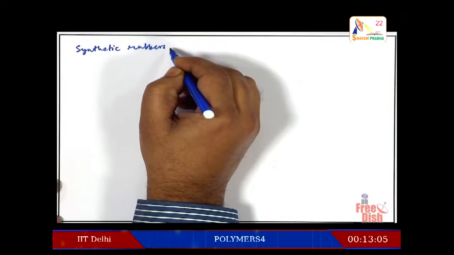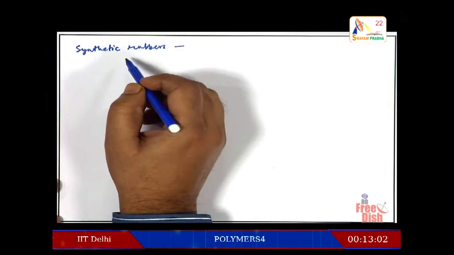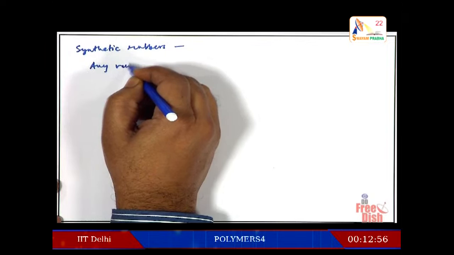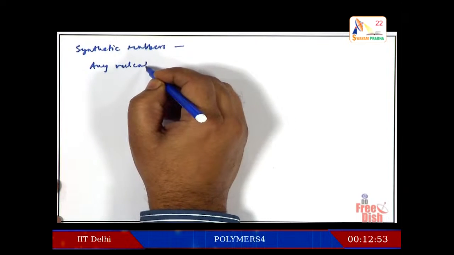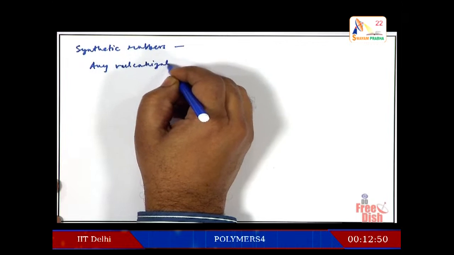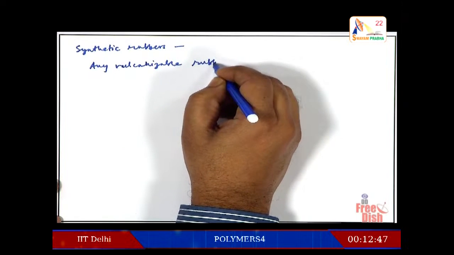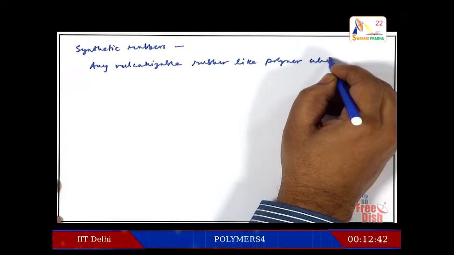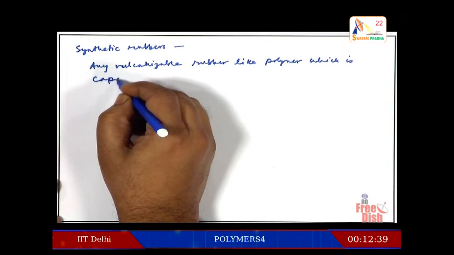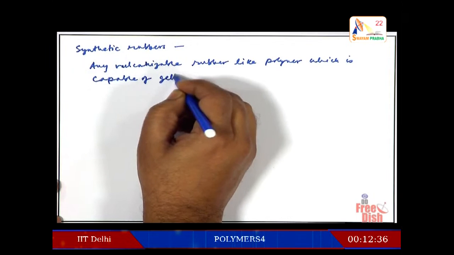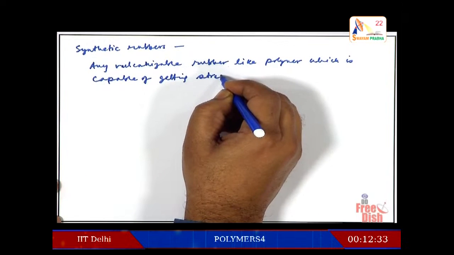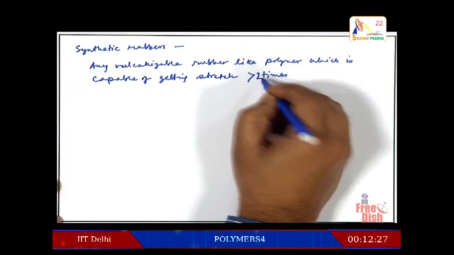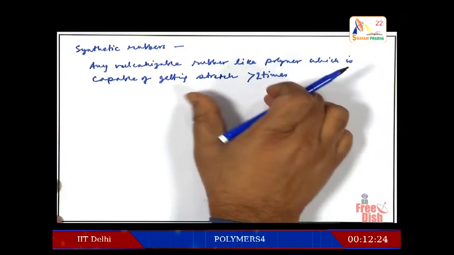the first synthetic rubbers came in. So, synthetic rubbers are basically any vulcanizable rubber-like polymer which is capable of getting stretched at least 2 times the original length, and this stretching is reversible.